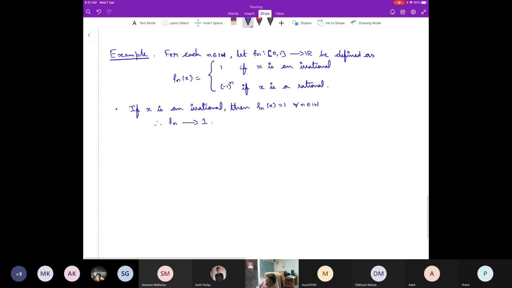Second thing, if x is a rational number, then f_n(x) is (-1) raised to the power n, and this doesn't converge.